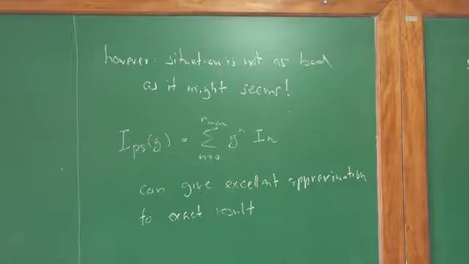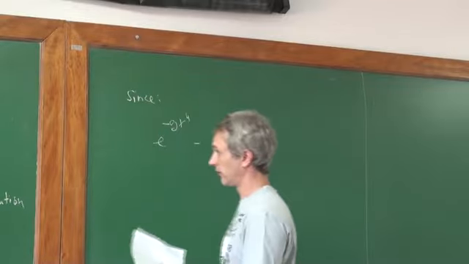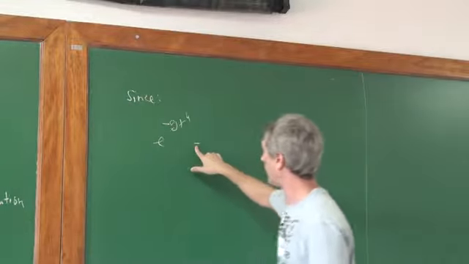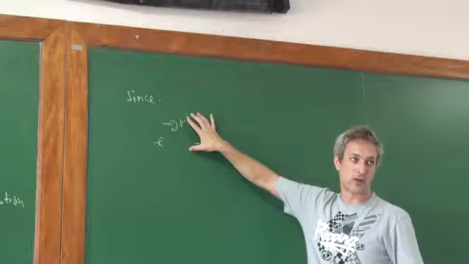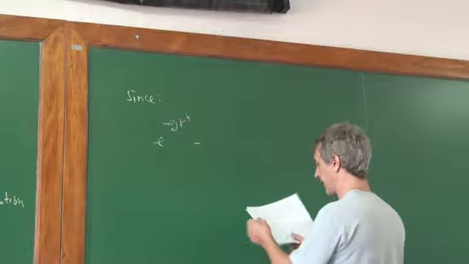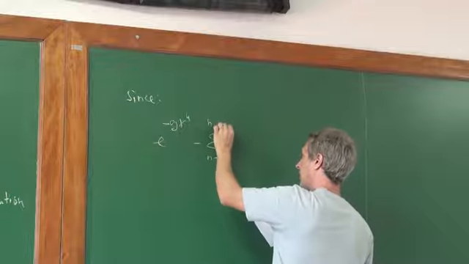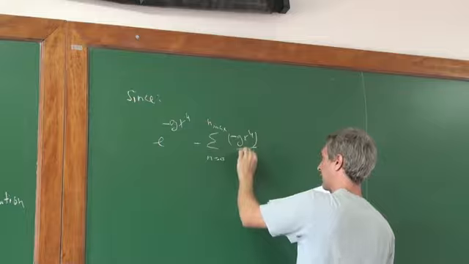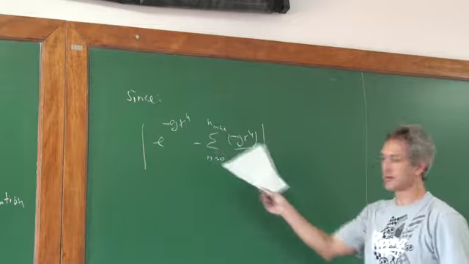In the integrand of the real integral that we want to calculate, we have the exponential of this here. Now, if we do such a partial summation, instead of writing this Taylor expansion, we use only the partial summation up to some maximum contribution. If we take n max to infinity, then this difference just gets zero.